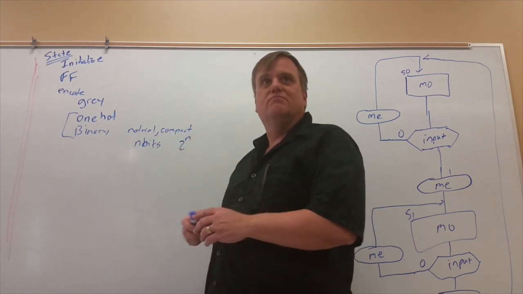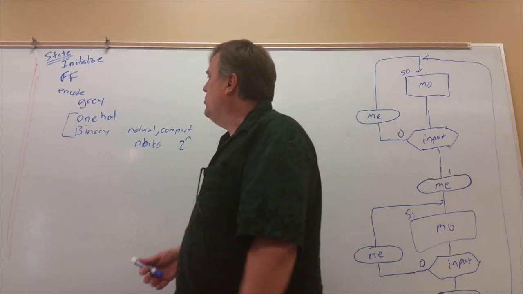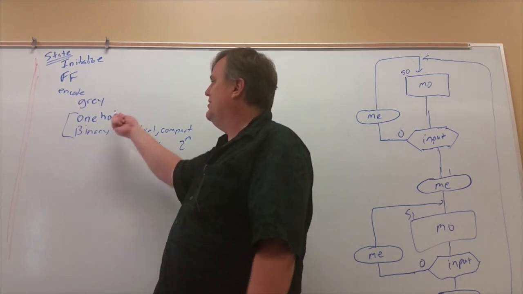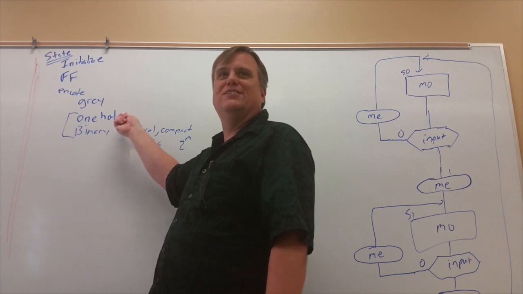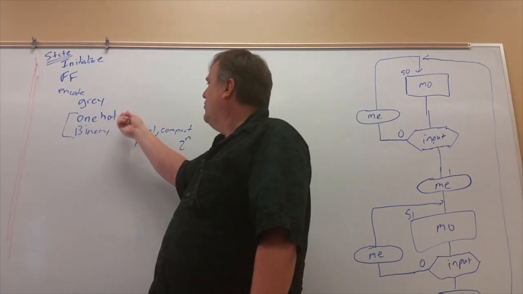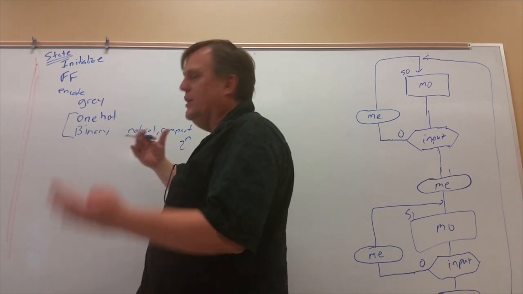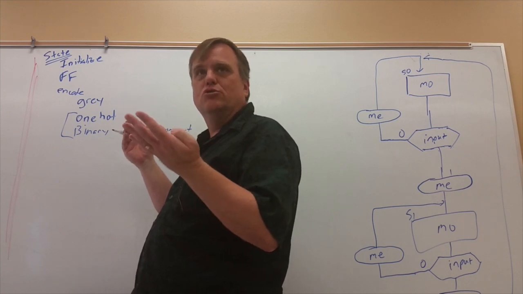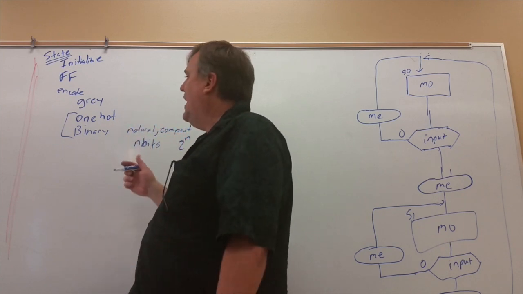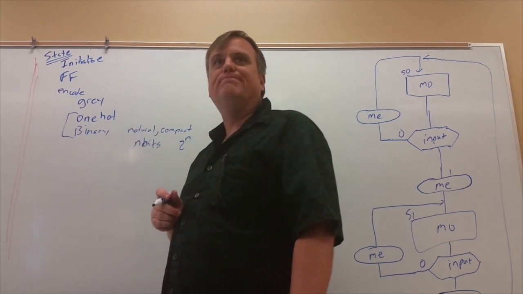What would be the opposite? The opposite would be space inefficient and time efficient. That's what one hot is. This one is really good if you want a fast solution. I assign 1 bit for every state.